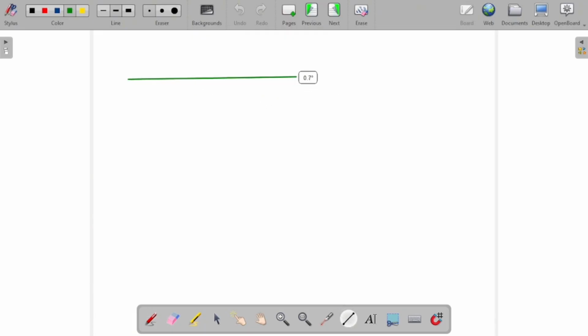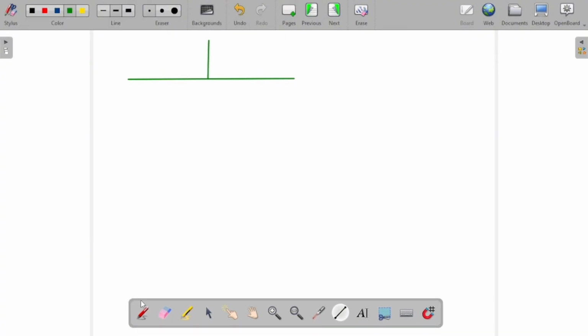So we have something like this. And this is point P, and upwards is 0.2. From here to here is 0.2. From there to there is 0.2.